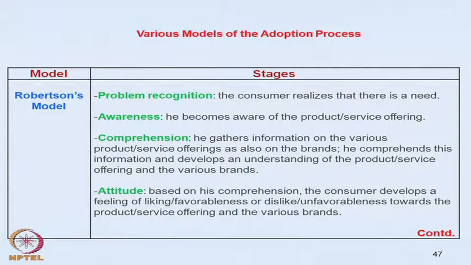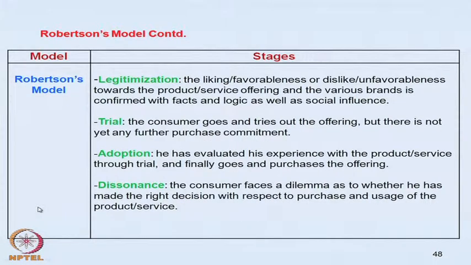In attitudes, based on his comprehension, he develops a feeling of like or dislike, favorableness or unfavorableness. Then it leads to legitimization, where the liking or dislike is confirmed with facts and logic as well as with social influence. Then he goes in for trial. He goes in for adoption, where he has evaluated his experience with the product or service offering through trial, and finally goes and buys the product.